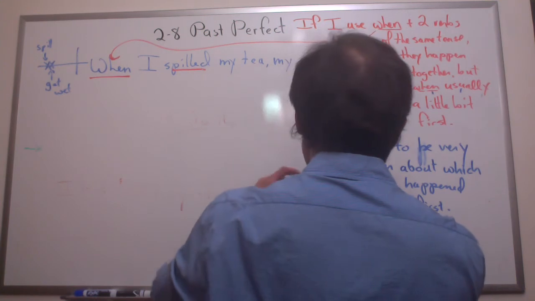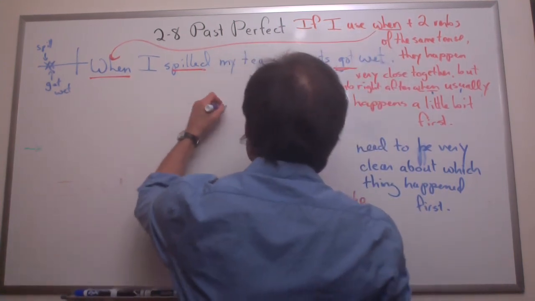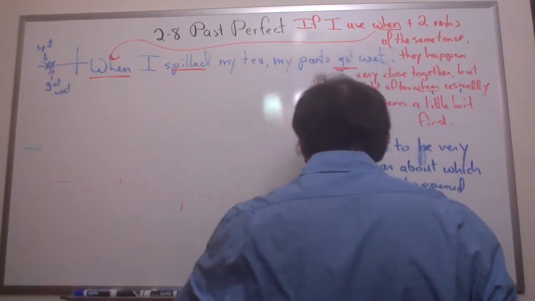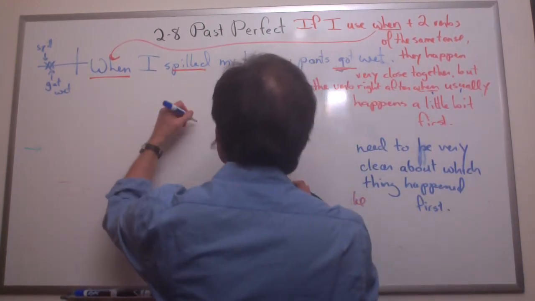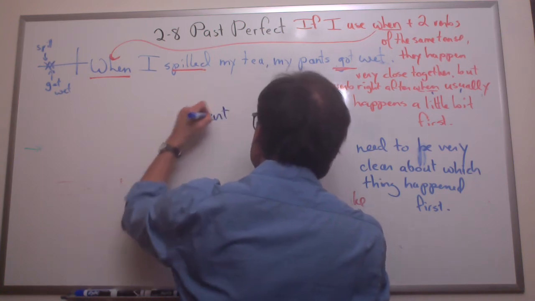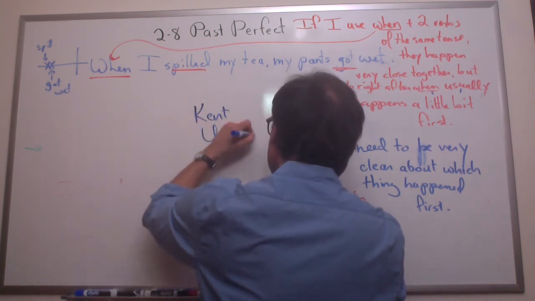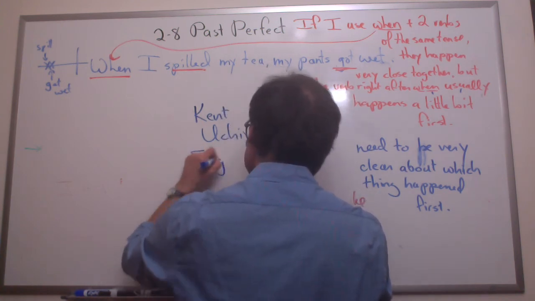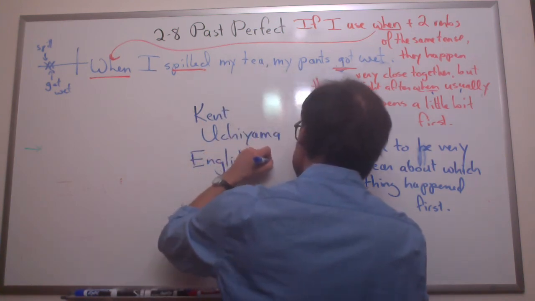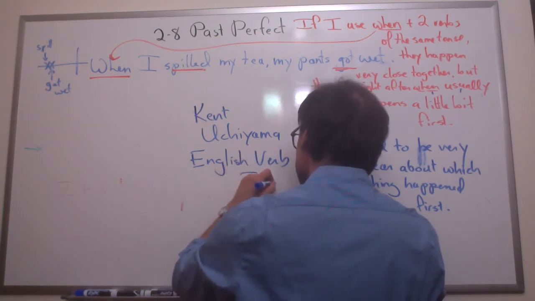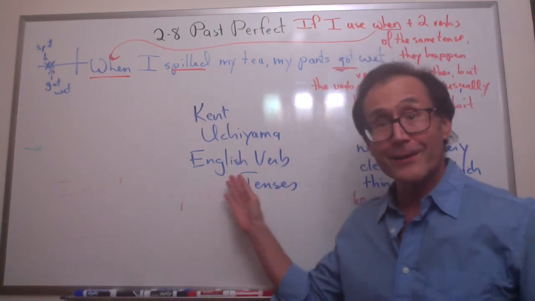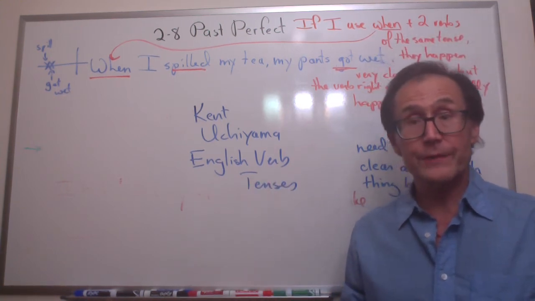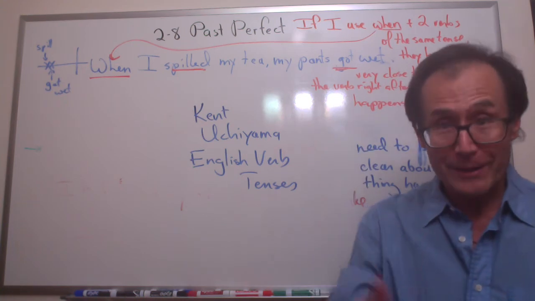If you Google my name, which is Kent Uchiyama, and you Google verb tenses, or better yet, English verb tenses, then you will find a link to download this book. And you can read more about past perfect and see more examples, and it might be helpful for you.